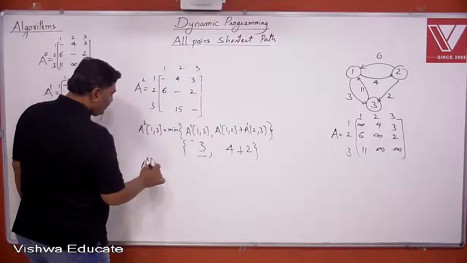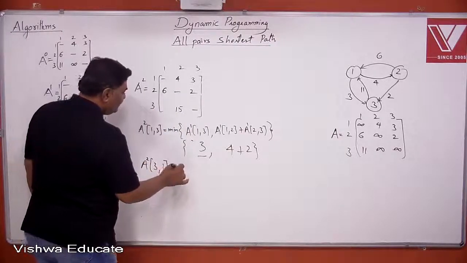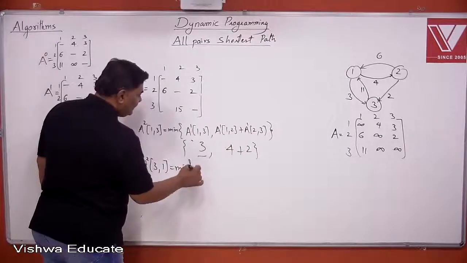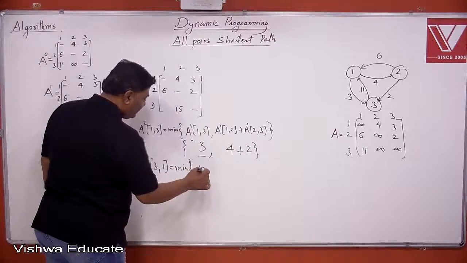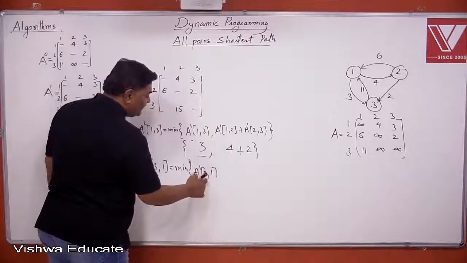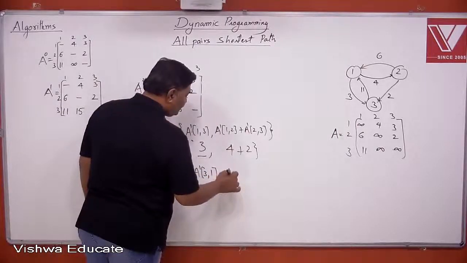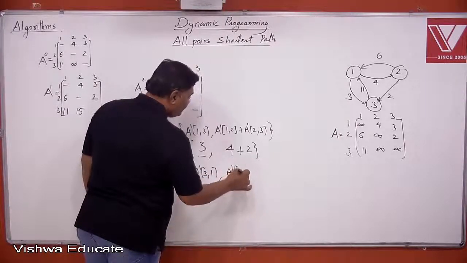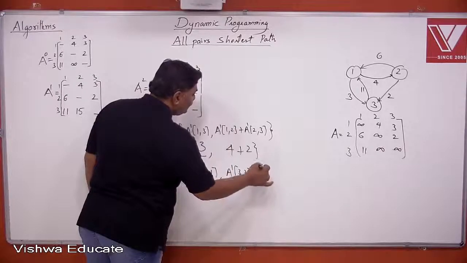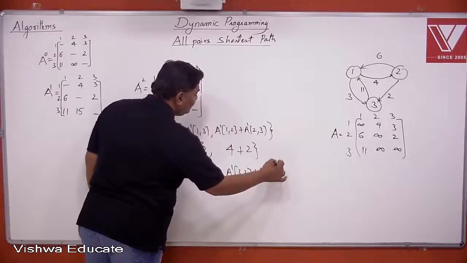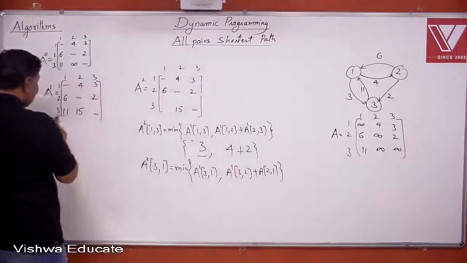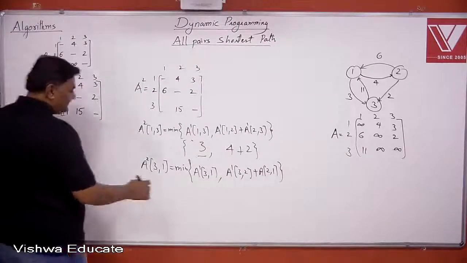Then I have to find out this value, A2 of 3 to 1. This is the minimum of A1 of 3 to 1, or, in between these two I have to include 2, so A1 of 3 to 2 plus A1 of 2 to 1. So check it. A1 of 3 to 1 is 11.